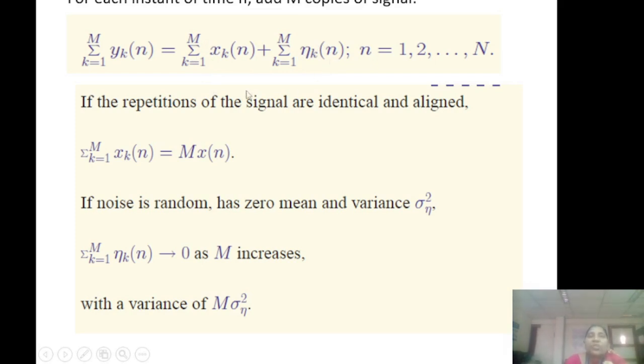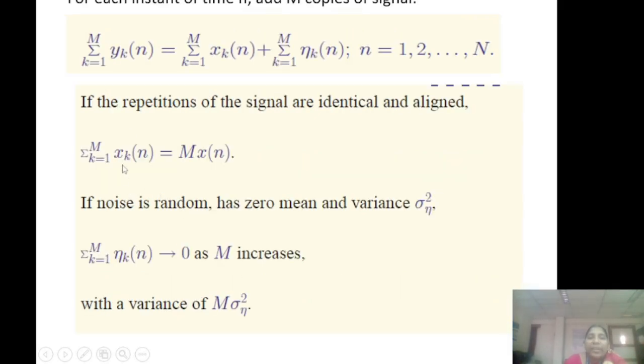If the repetition of the signal is identical and we properly align it, then the summation over k equal to 1 to M of x_k(n) equals M times x(n). Here M is the number of copies. If the random noise has zero mean, then the second term tends to 0 as M increases.